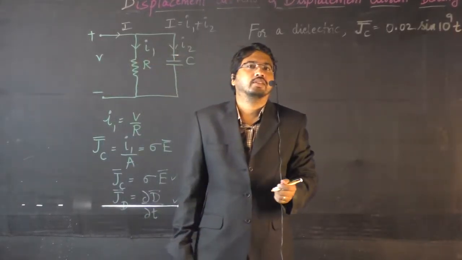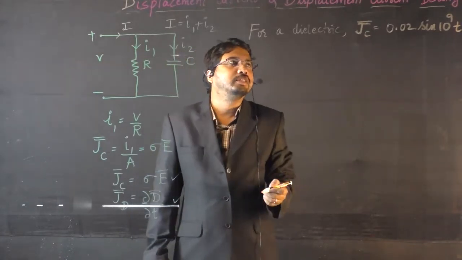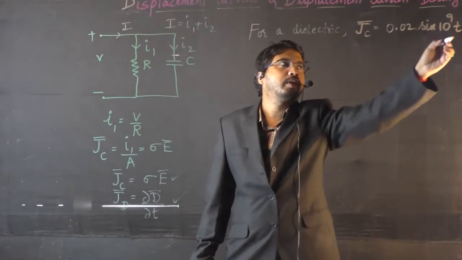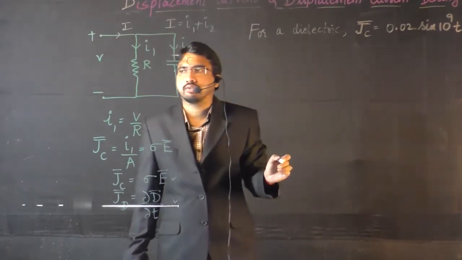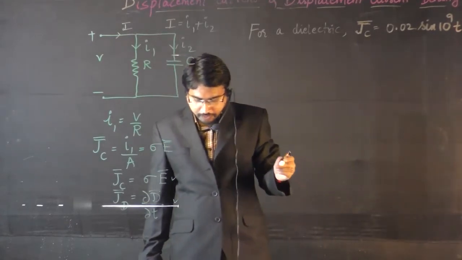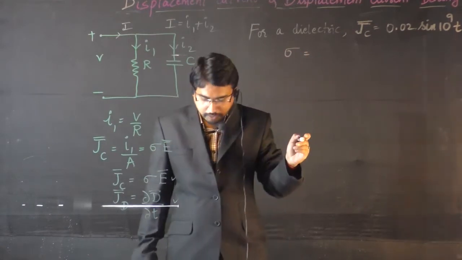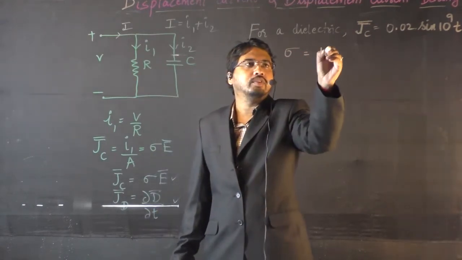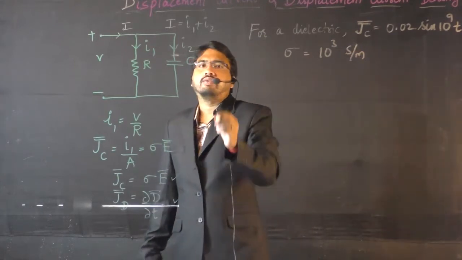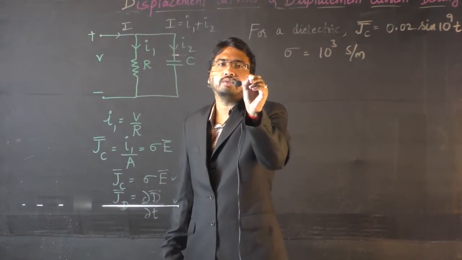They have given that for a dielectric material, the conduction current density Jc bar is equal to 0.02 sin 10 power 9 t amperes per meter square. Conduction current density Jc is given, and they have also given the sigma value, that means conductivity, as 10 cube Siemens per meter. We already know that the conduction current density formula is Jc bar equal to sigma into E bar.